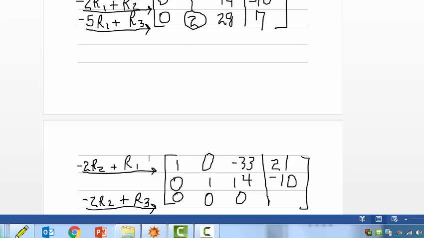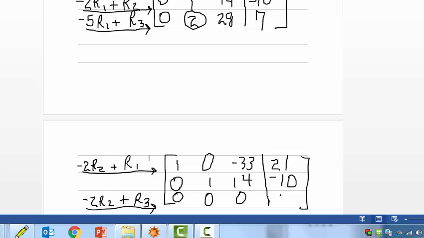Now, as soon as I see I've gotten all zeros left of my vertical dividing line, I know that my system is either going to be dependent or inconsistent. If I get a 0 entry in this row right of the dividing line, then the system is dependent.